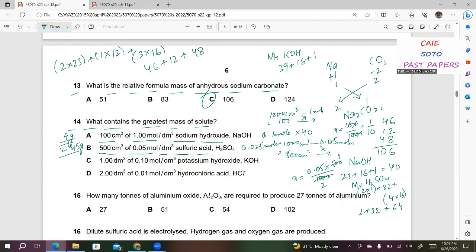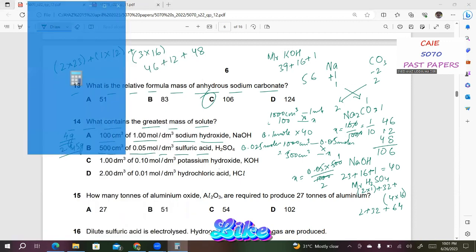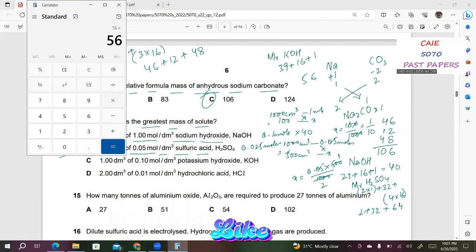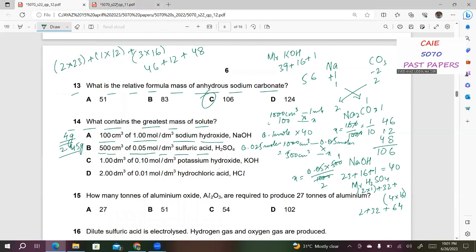So 39 plus 16 plus 1 is 56. So 56 will be multiplied by 0.1. We get 5.6 grams. So far, this is the highest value.